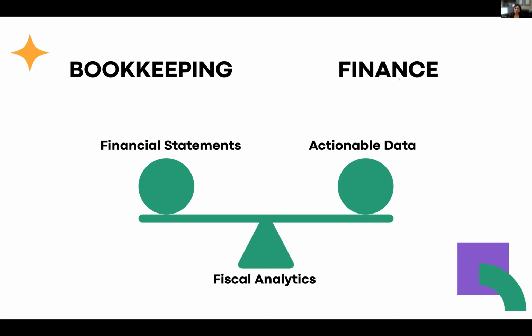But on the finance and accounting side, that's where the action begins in terms of generating those financial reports, analyzing those, and making an action plan based on the things that you have identified as areas for improvement or opportunities that you can seize as a result of that analysis.